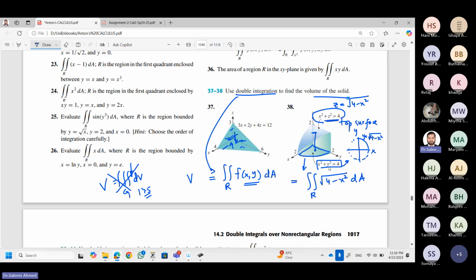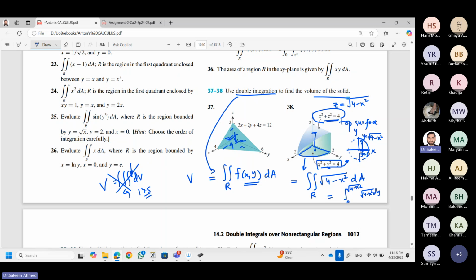Now I need to take the limits from bottom to top. The bottom is y equal to 0 because we are in the first quadrant only. So y goes from 0 to the square root of 4 minus x squared. The function at the top is also the square root of 4 minus x squared, dy.